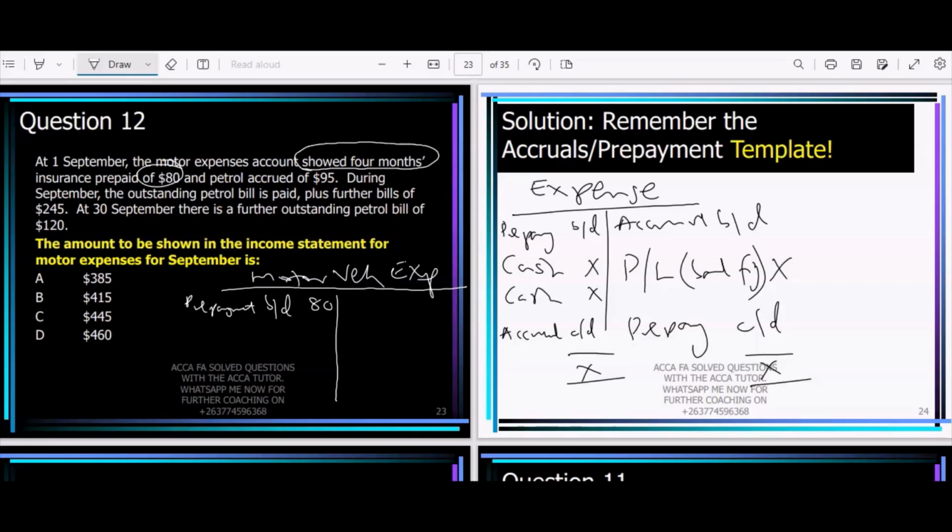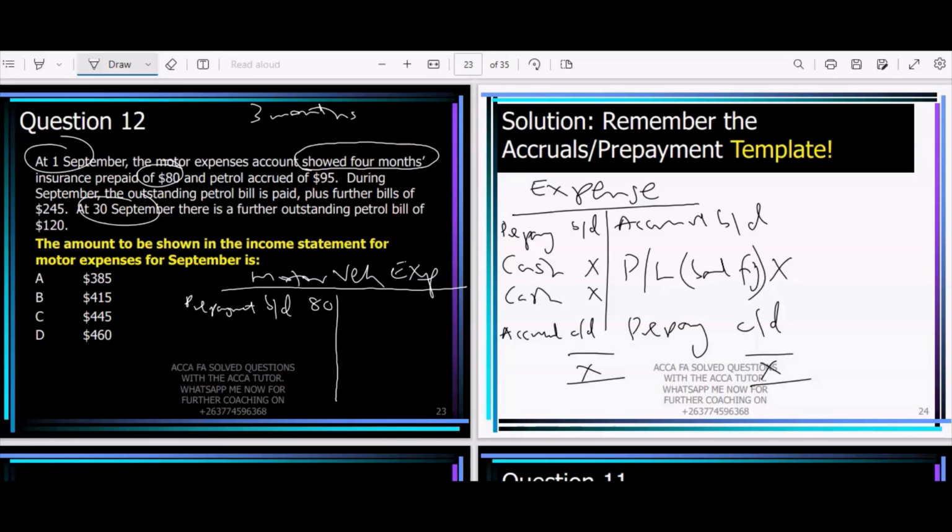If the prepayment was for 4 months and it was worth $80, and we are told that at the end of September, we are going to have 3 months outstanding, 3 months prepayment, which will be worth how much?